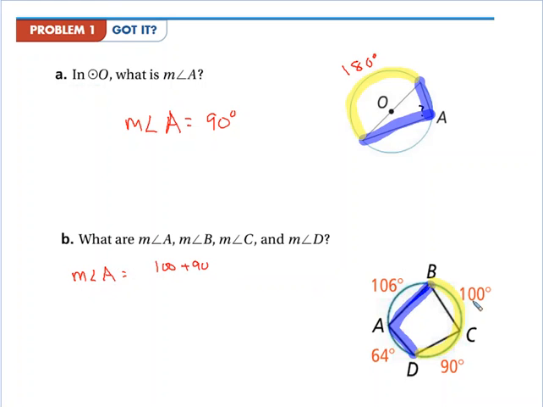So we have to find the combined total of that arc, 190, and then we take half of that. So we're going to divide by 2. So 190 divided by 2 is going to be 95 degrees.